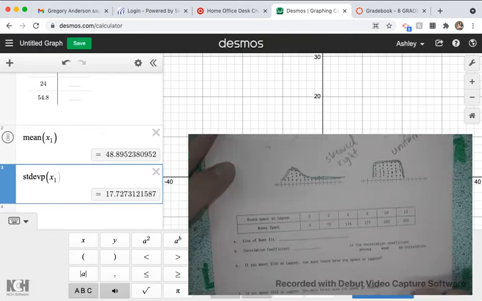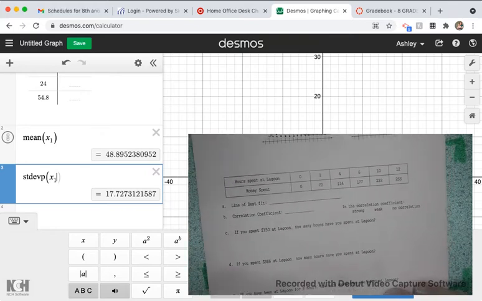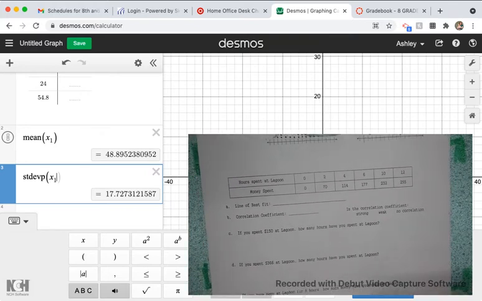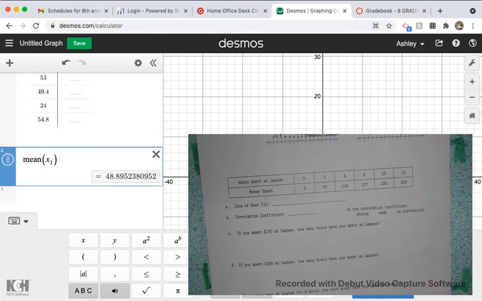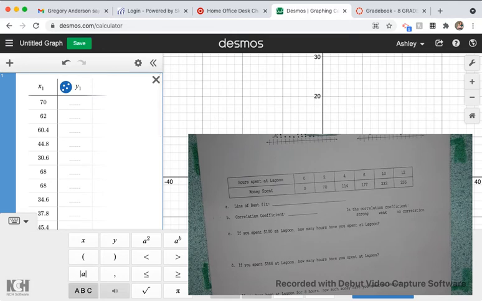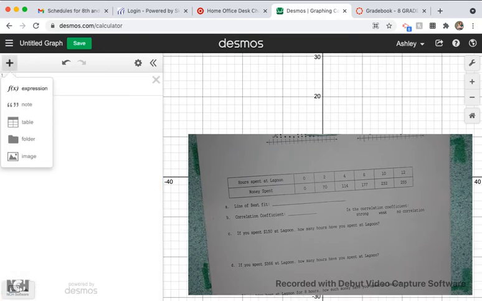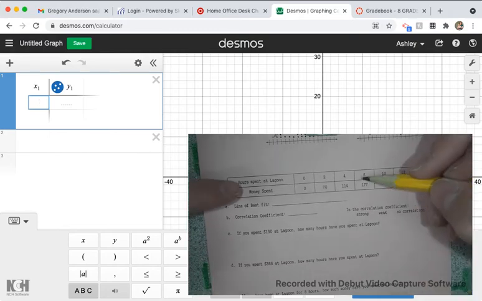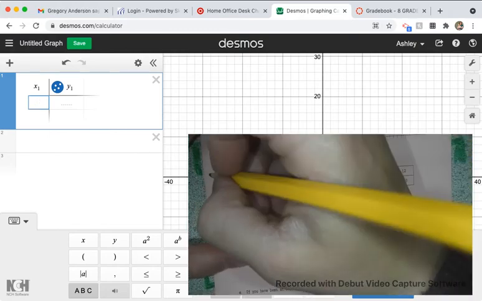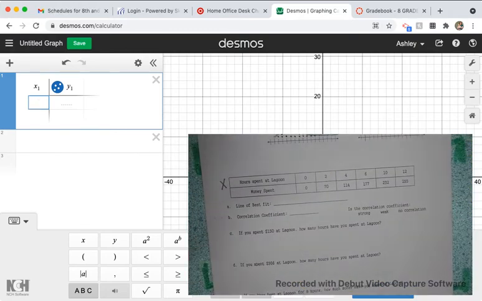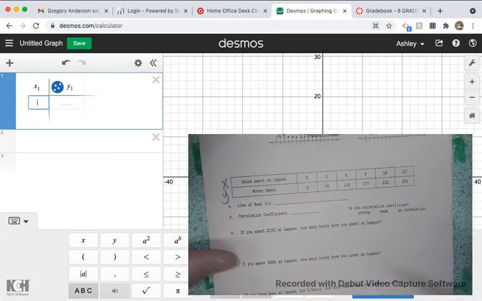Okay, last but not least, we have to do our line of best fit and correlation coefficient. Okay, so let's look at this. We're gonna get rid of our Desmos information. Okay, again, oh man, every time. Again, we're gonna get a new table, so table, and we're going to put this value on our table. Now, the top line is our x values, and the bottom line are our y values.